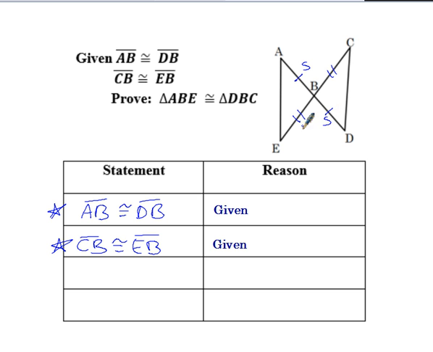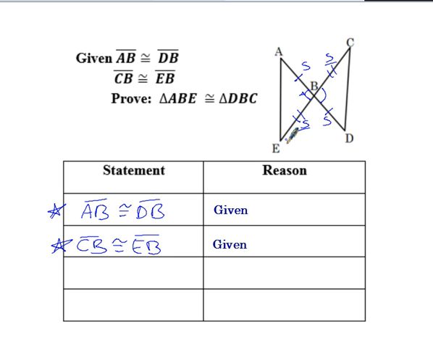I have side and side. So now I either need the third side or I need an angle. I need this included angle. Well, I can't say anything about the sides, but I know from my little hint list that those are vertical angles, and I can say vertical angles are congruent. So that's what I'm going to use. That's my angle, and I'll use side angle side.